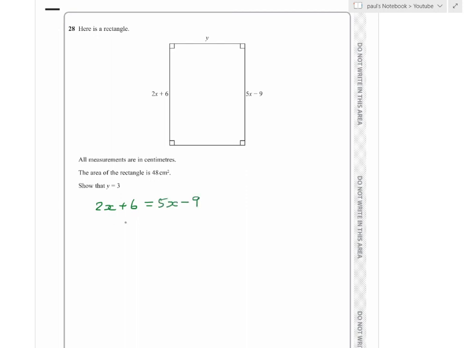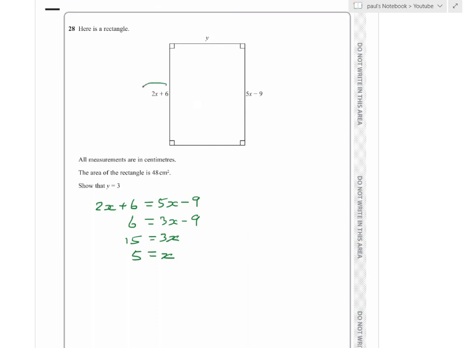So let's take away 2 x's from both sides. So we'd have 6 equals 3x minus 9. Add 9, so that'd be 15 equals 3x. So x would be equal to 5, right? So x is equal to 5.